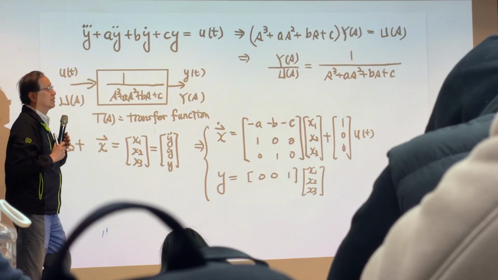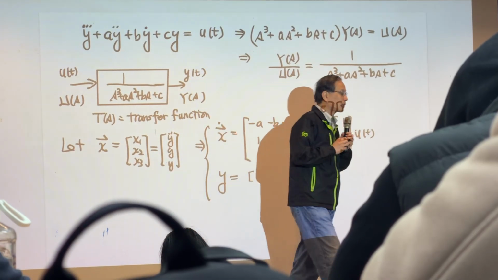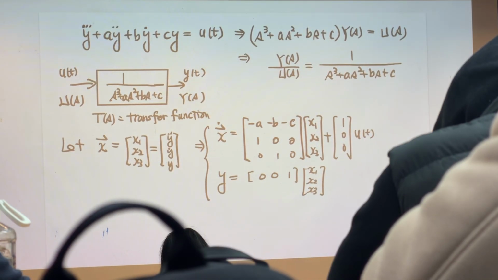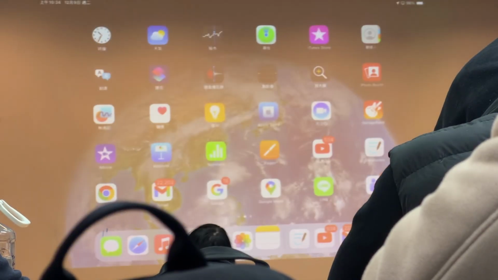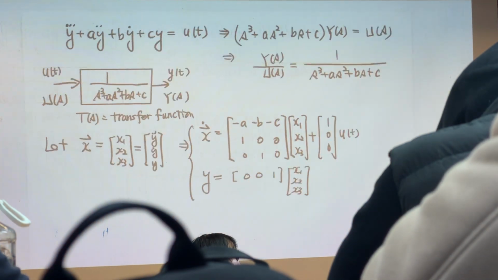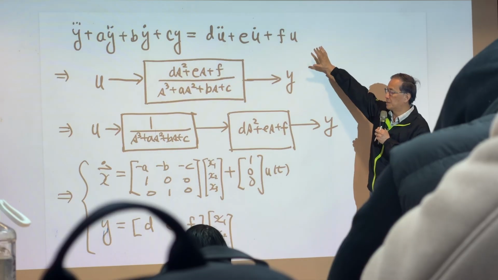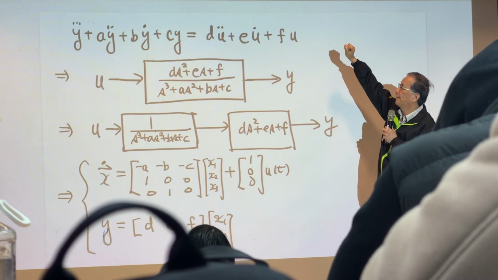So you got this, right? Now, if it is a block diagram, I'm going to show you that this can be generalized for many useful applications. Now, we want to generalize this, okay?